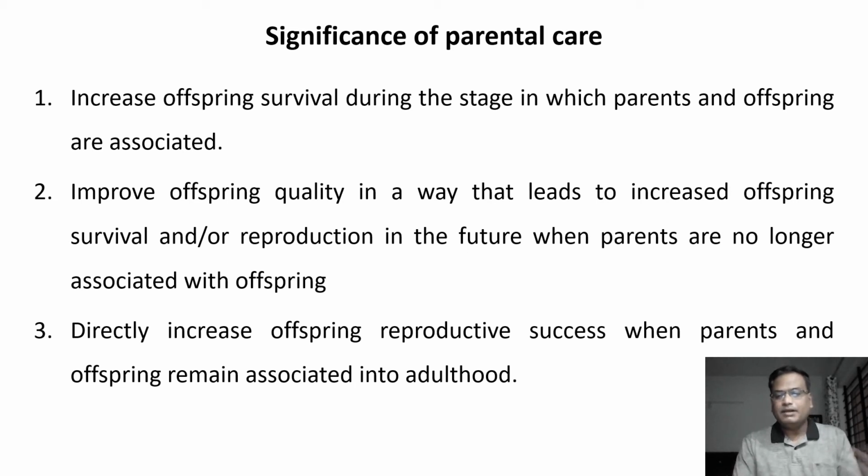The possibility of survival increases due to the parental care behavior. Say, for example, in one species there is parental care, and in another species there is no parental care. So the chances of survival are more in the species where the parental care behavior is there, and the chances of survival are less where the parental care is not there.